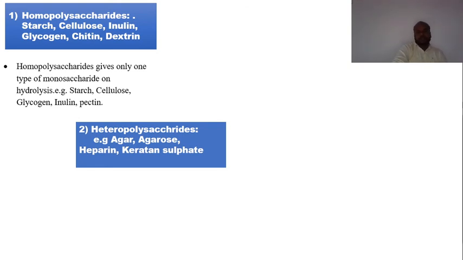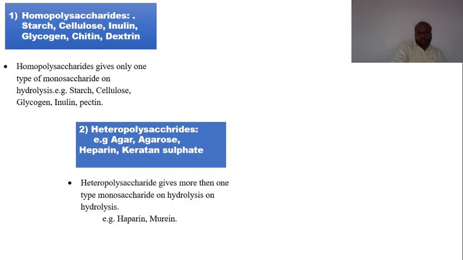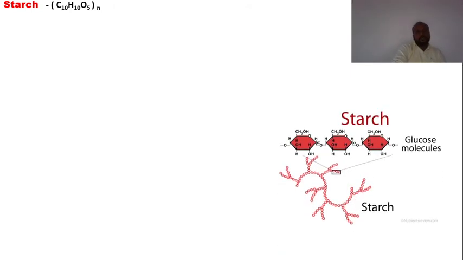Examples of heteropolysaccharide are agar, agarose, heparin and keratan sulfate, and they give more than one type of monosaccharide on hydrolysis. In the polysaccharide we have discussed starch, an example for your syllabus. Here is the structure of starch.